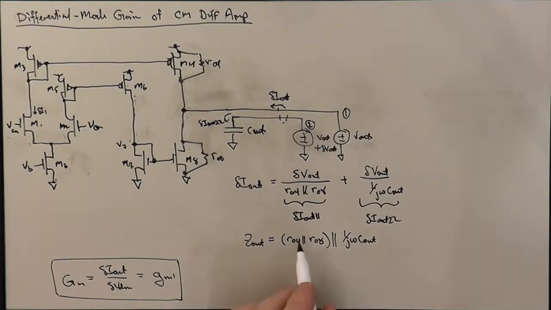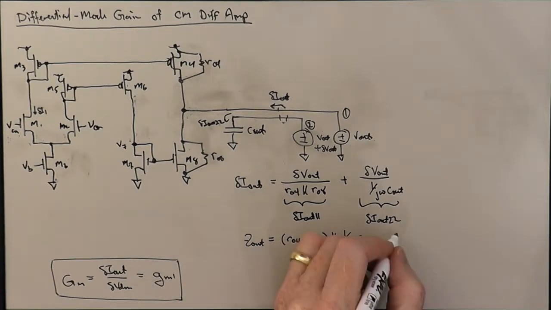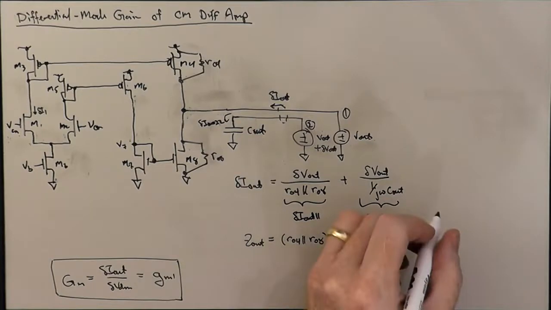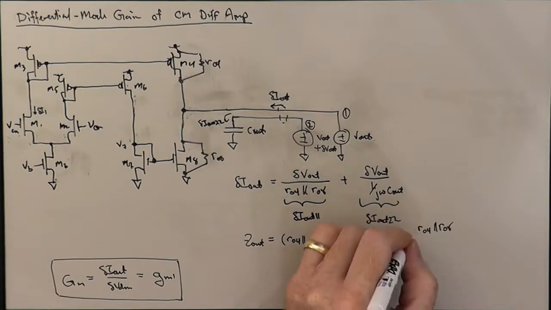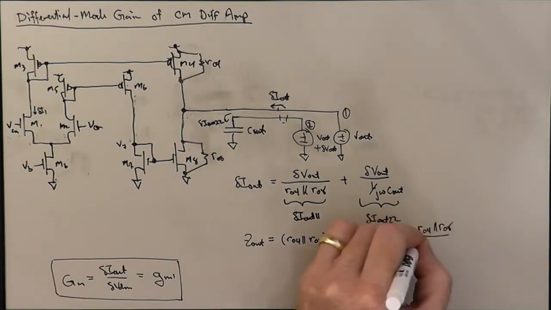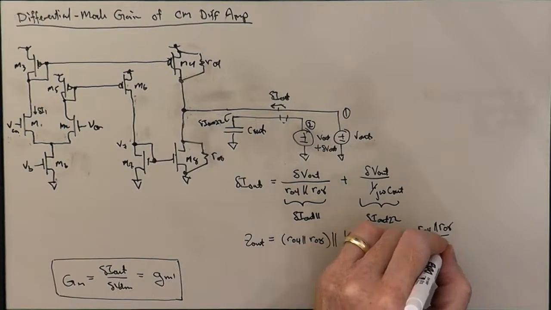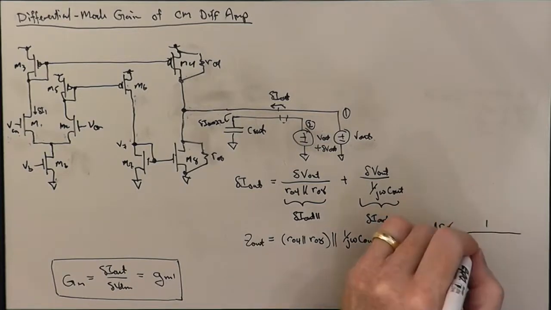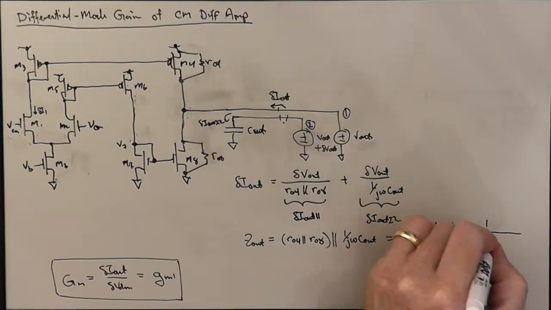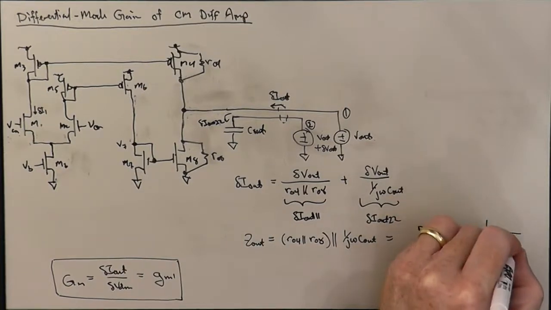And we can expand this two-way parallel combination, keeping this one grouped as the product over the sum, and that's going to give us a product, which is RO4 parallel RO8 divided by j omega C out, divided by the sum, which is 1 over j omega C out plus RO4 parallel RO8.